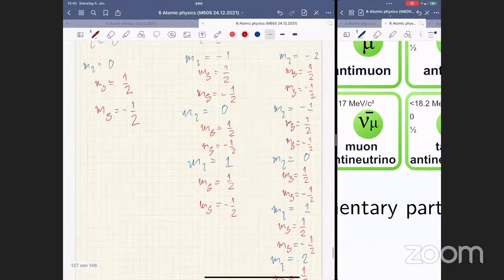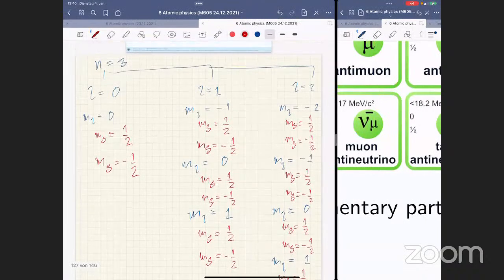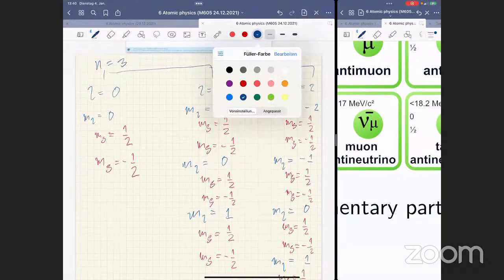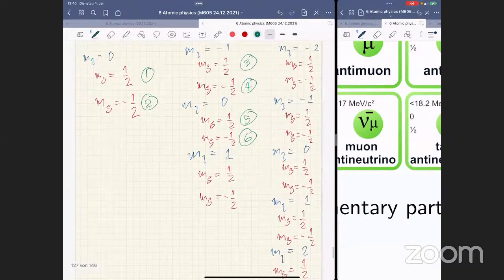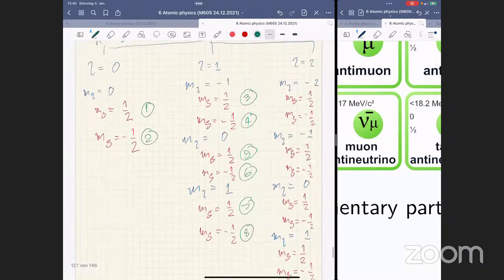Okay, so let's count the possibilities for this n equal to 3 case. Sorry, let's use this one. The first case, the second case, the third case, the fourth, fifth, sixth, seventh, eighth case.